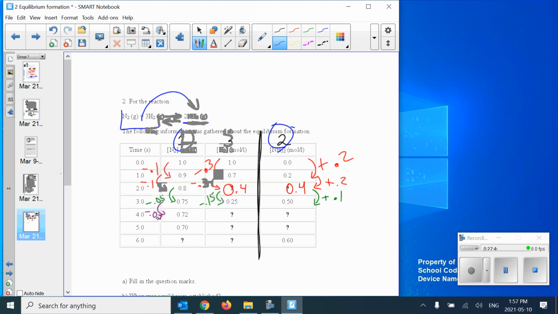What is the 1 to 3 ratio? Well, if I lose 2 on this column, I lose 6, 3 times more. So if I lose 0.3 on this column, I lose 0.9. Yeah. So 25 minus 9.